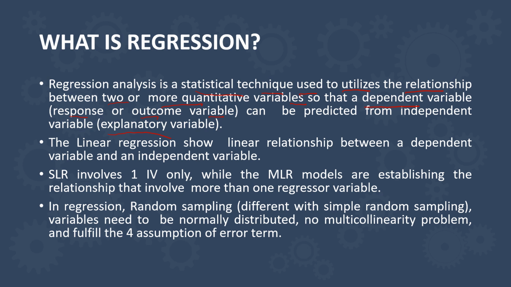So simple linear regression involves one independent variable only. So meaning that in simple linear regression, we examine the linear relationship between one dependent and one independent variable. While in multiple linear regression, we establish a relationship that involves more than one independent variable, meaning that we will have more than one X, the independent variable.